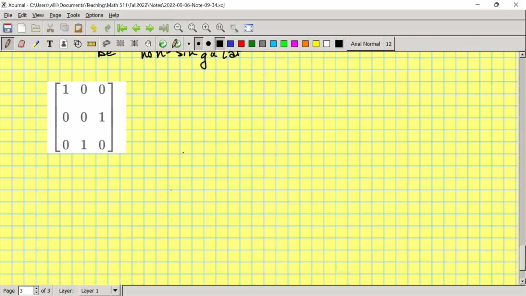In other words, this matrix is a permutation on the identity matrix, and a permutation reorders the rows. So instead of going row 1, row 2, row 3, it goes row 1, row 3, row 2. And so we refer to type 1 elementary matrices as permutation matrices.